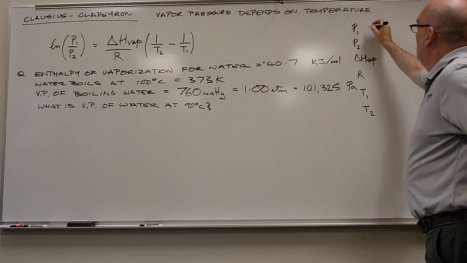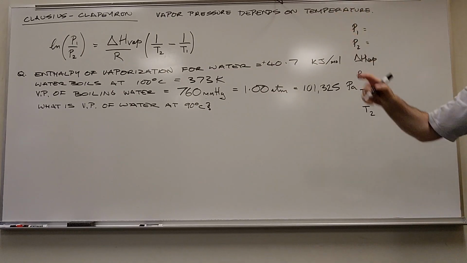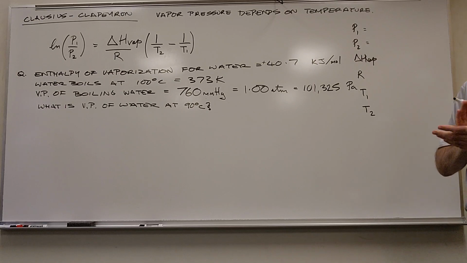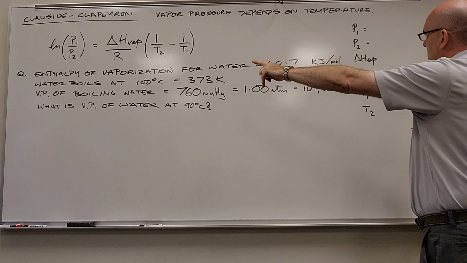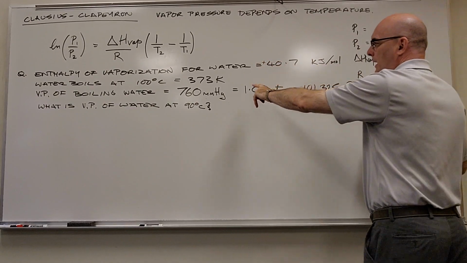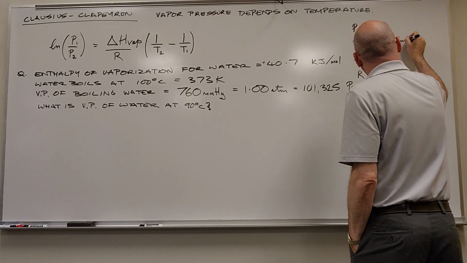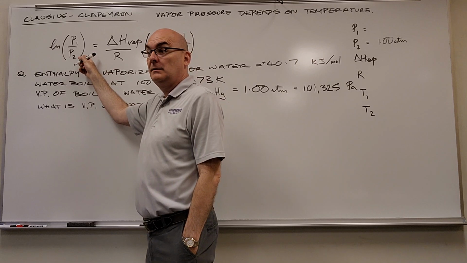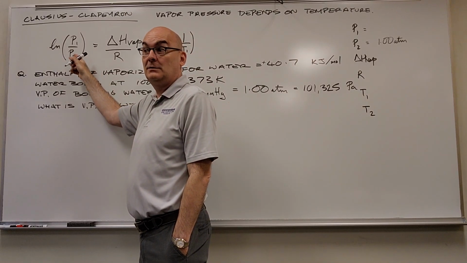Okay, P1, P2. If we do 1 over 2, then it makes sense to make P2 be at the higher of the 2 temperatures, because we can set that to be 1 atmosphere. And that means a number divided by 1. That's going to really simplify our calculation, right?